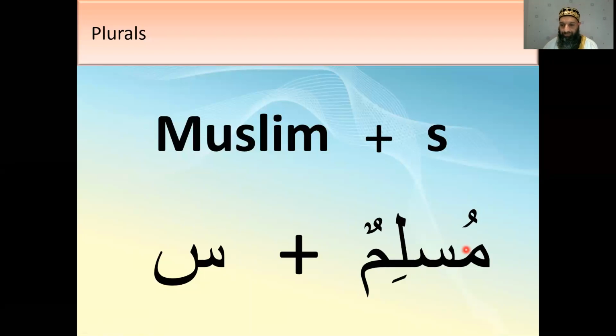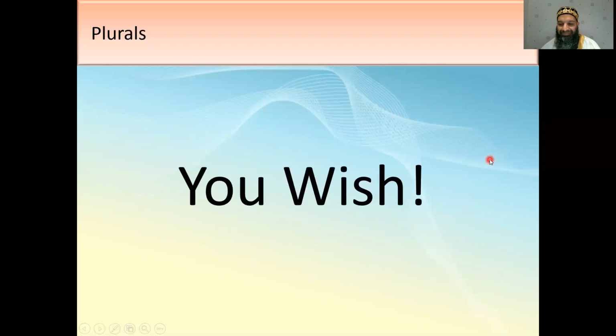Will that work? No. Let's see what the board says. The board says, you wish. Okay. So, no, you can't just stick a letter on the end and make it into plural.